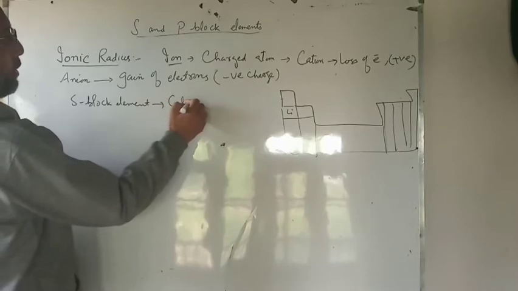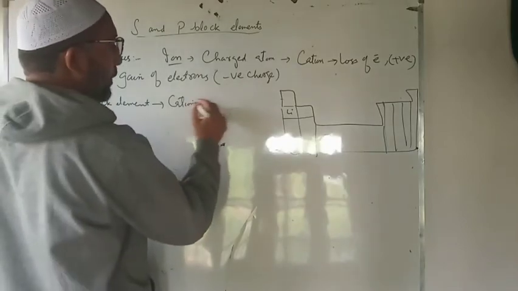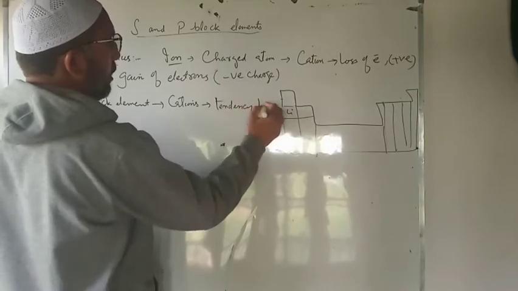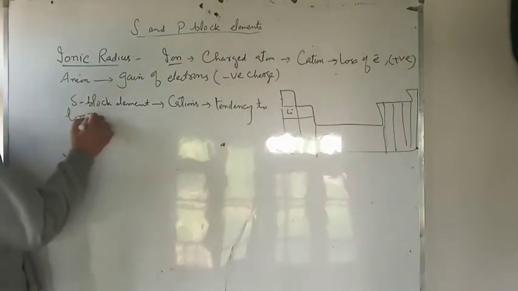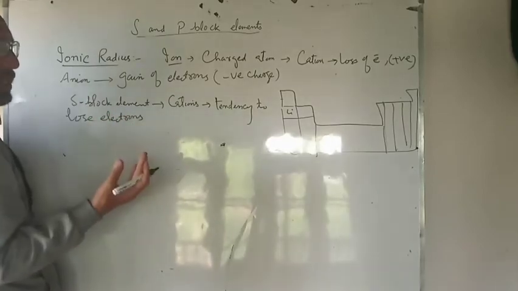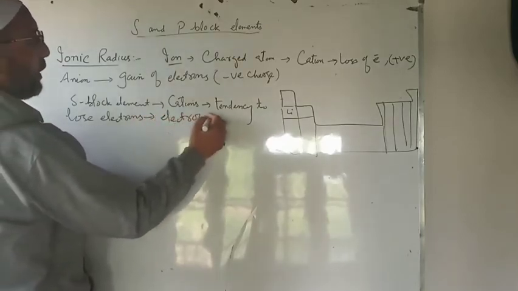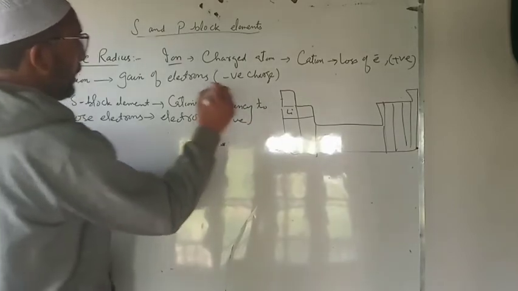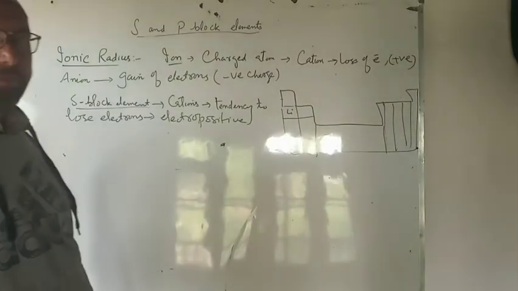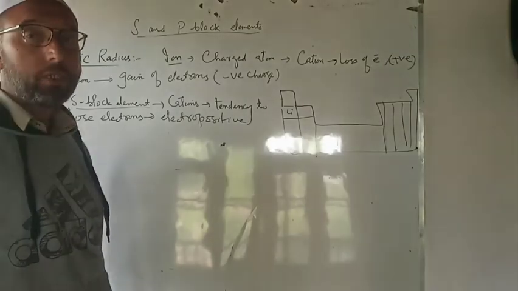They form cations. That means they show a tendency to lose electrons. And as you know, the atoms which show a tendency towards losing electrons are said to be electropositive in nature. So s block elements are electropositive elements, because they lose the electrons and change into positive ions.